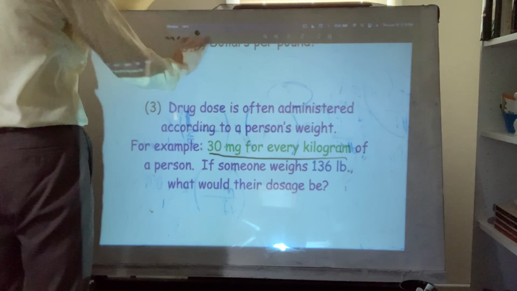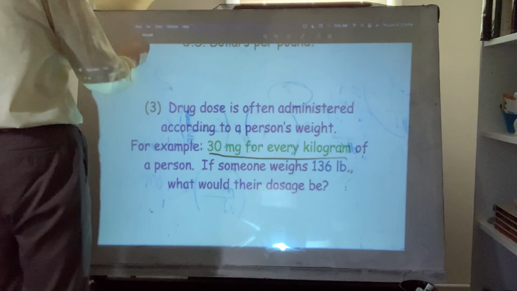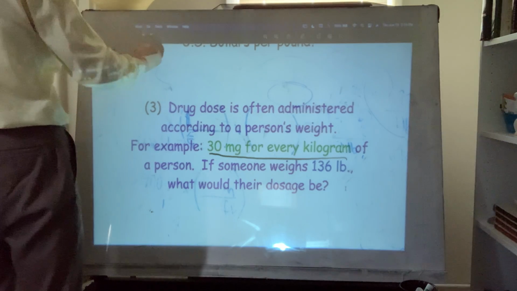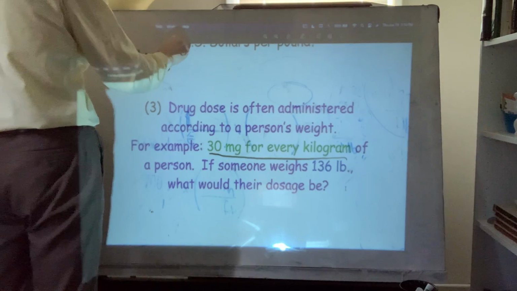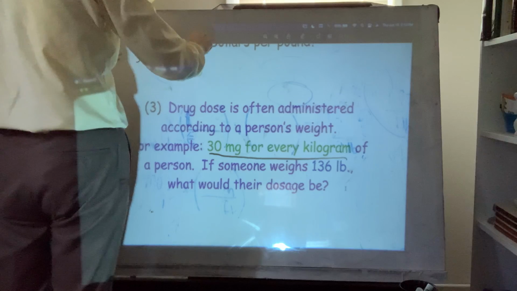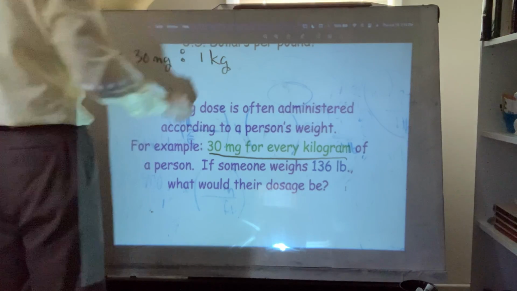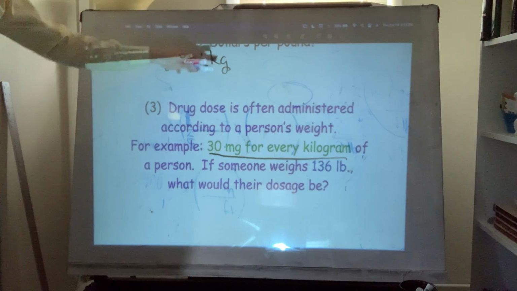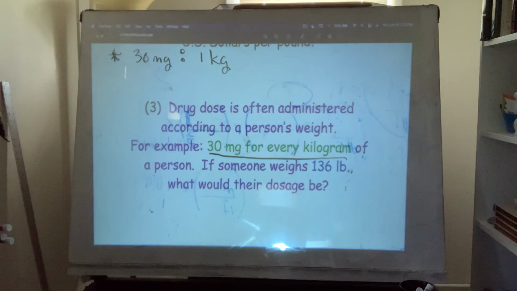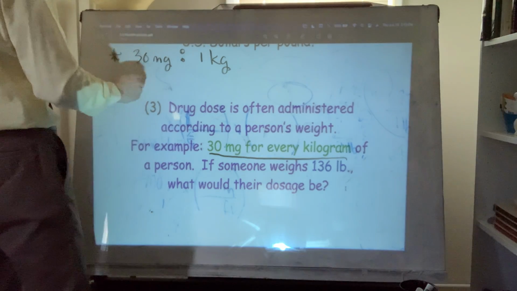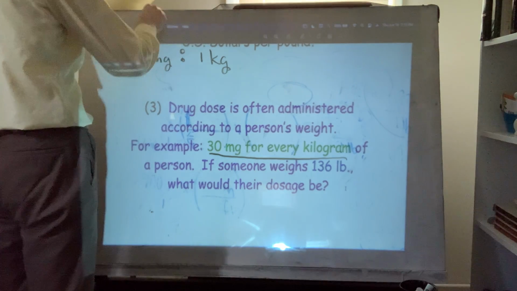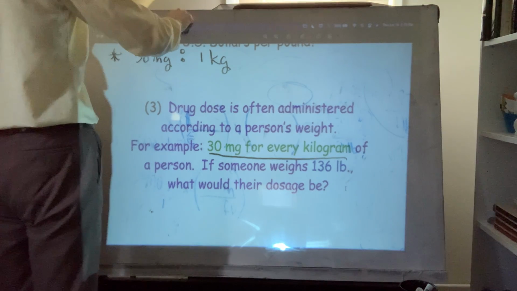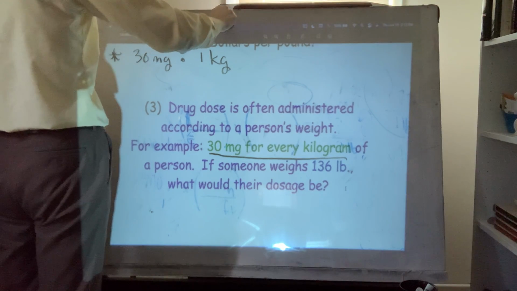Maybe I'll just write it in a place where you can see it. 30 milligrams of the substance to 1 kilogram in the style of a ratio. You can think of that as the traditional equals, just for the time being.